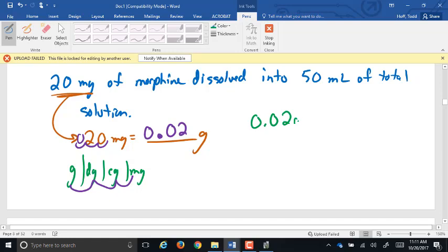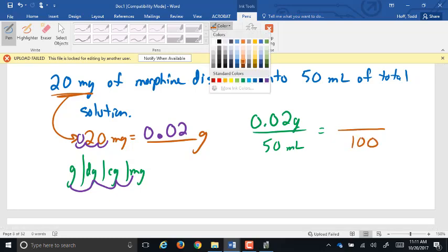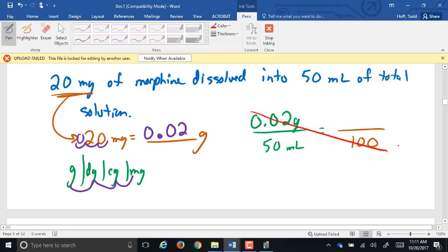So the concentration here is 0.02 grams of medication to 50 milliliters of total solution, equals whatever our percent is out of 100. So 0.02 times 100 divided by 50 is 0.04. That's a 0.04% solution.